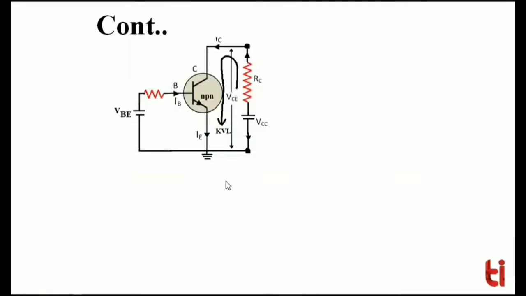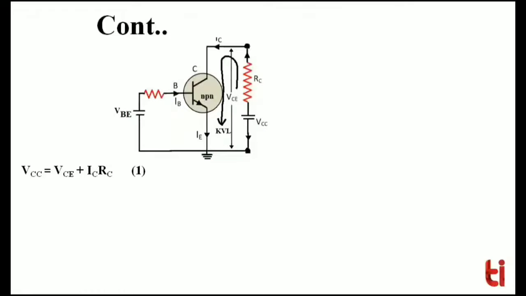When we apply KVL to the collector side, we get an expression which is formulated as VCC, the power supply, which is equal to the drop across collector to emitter VCE plus the drop across collector resistance IC into RC.